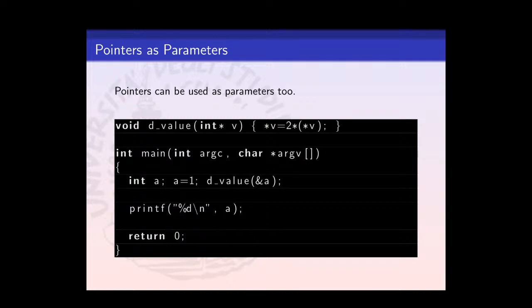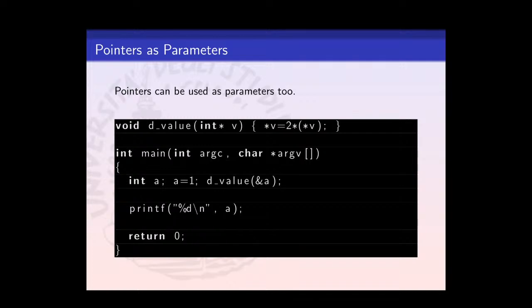For instance, let's have a look at this piece of code. We have a function called dValue, which takes a pointer to integer p, and basically what it does is it updates the content of the value pointed by p by multiplying it by 2.